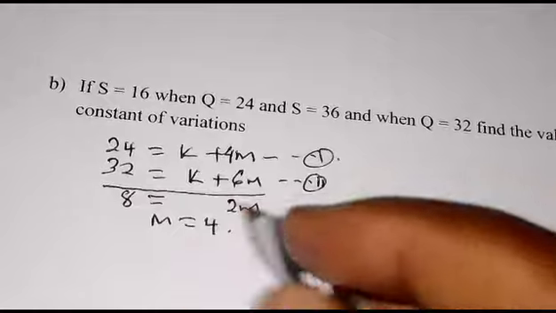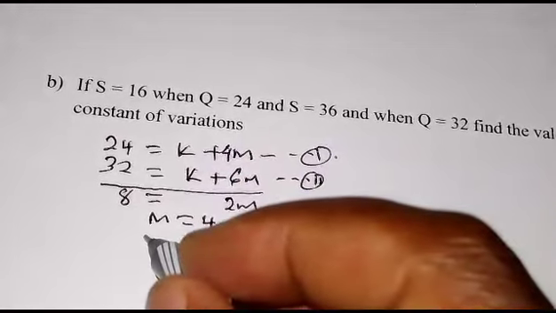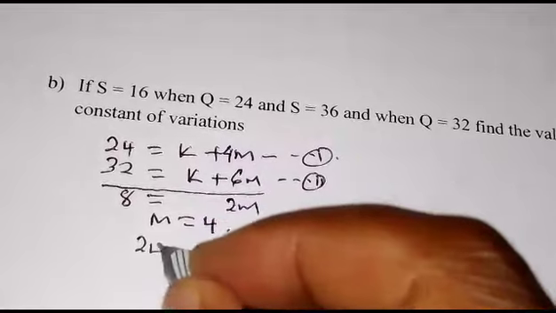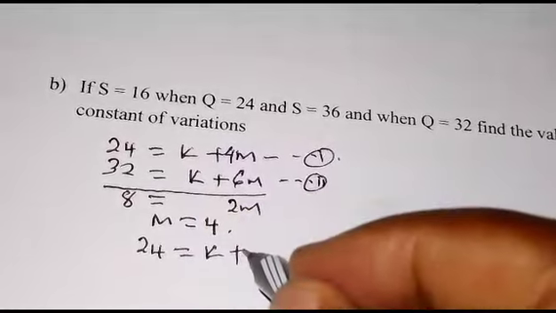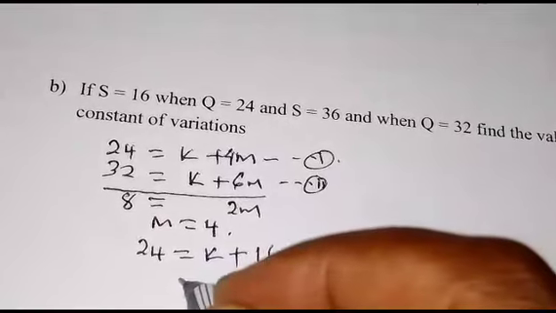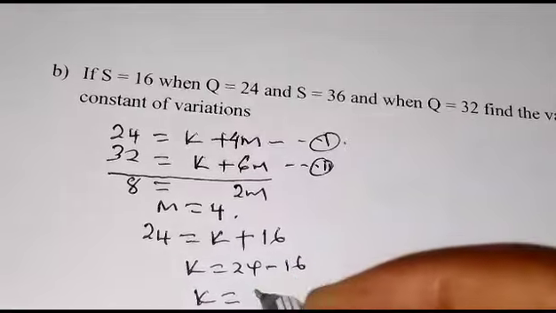Okay, so we can now use either of these equations to determine k. Let's take the first one. So 24 equals k plus 4 times 4, that is 16. So k is 24 minus 16. So k is 8.